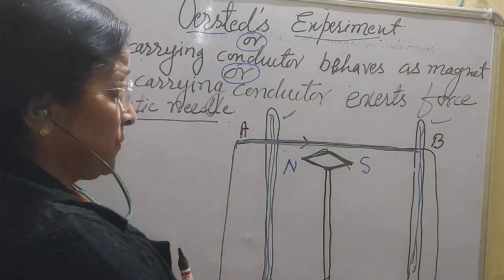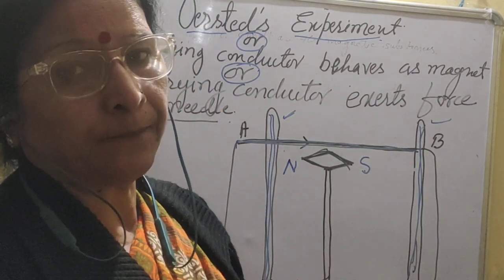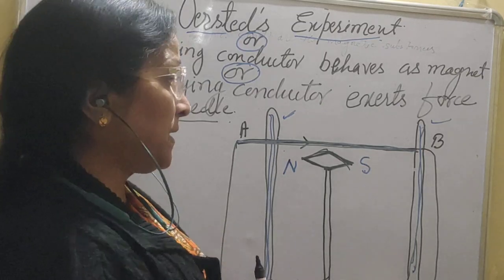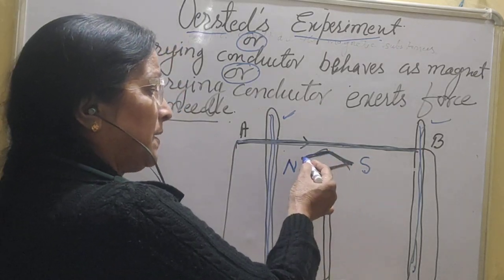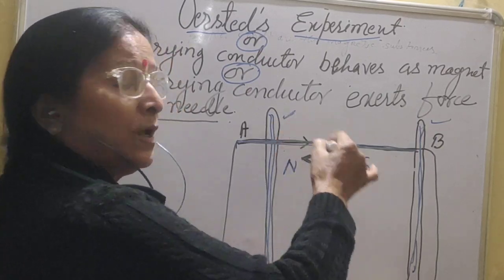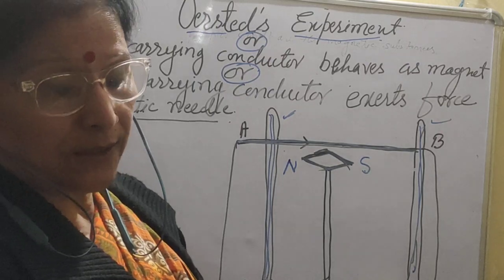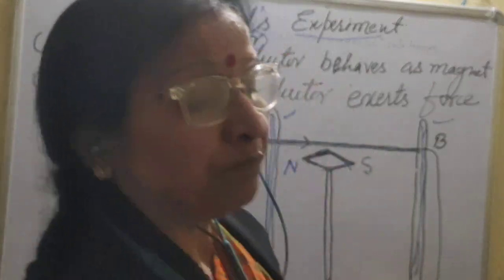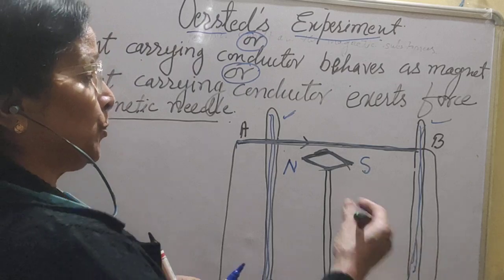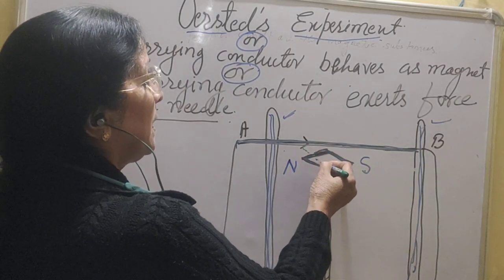Now, as soon as we switch on the current in the circuit, in the wire, we see that the magnetic needle changes its position. The magnetic needle now aligns itself perpendicular to the conductor. I am showing you the new position of the magnetic needle by this green ink.